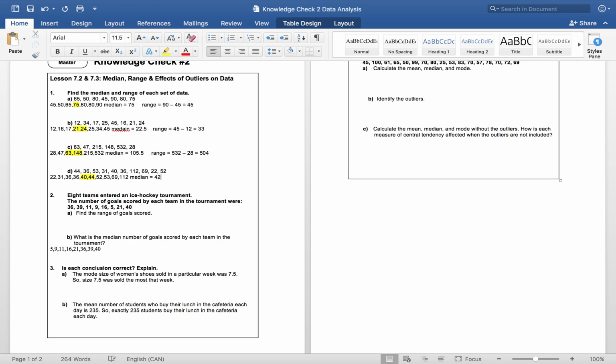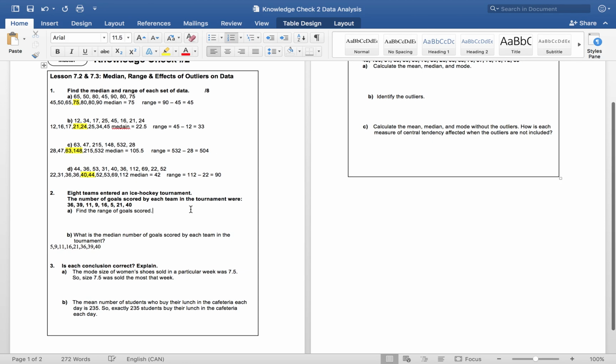Well, 42 would be in the middle of 40 and 44, so our median of the set of data is 42, and our range is our largest number, take away our smallest, so 112, take away 22, gives us 90, a range of 90. So your number 1 should be out of 8 in total, 2, 4, 6, 8. Give yourself a mark in number 1 out of 8.